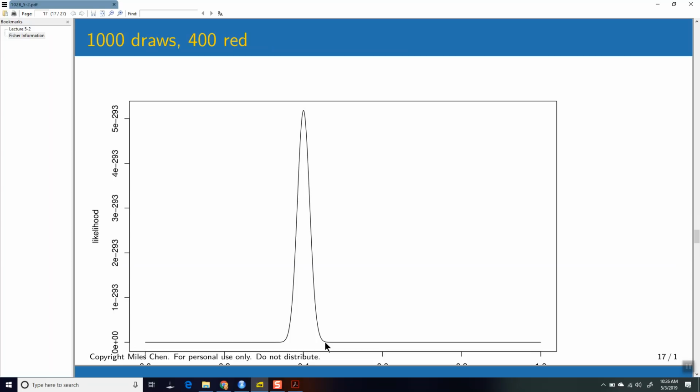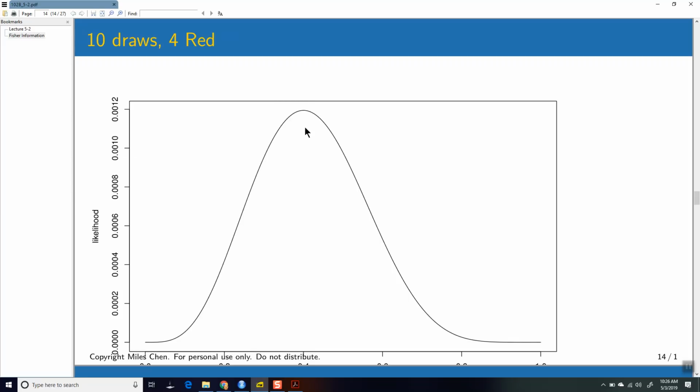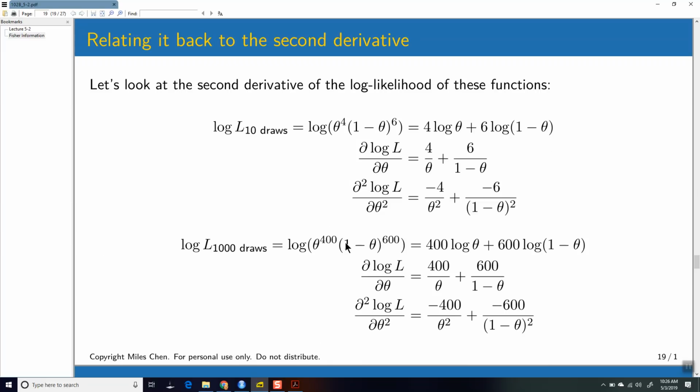Maybe it's a little higher, maybe a little lower, but my range for theta is in this tight band. When I only had 10 observations, the most likely value was 0.4, but it could also be way higher or way lower. We're not super confident about using 0.4 as our guess.